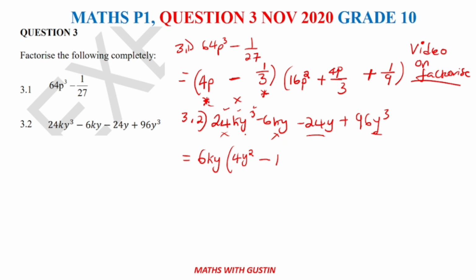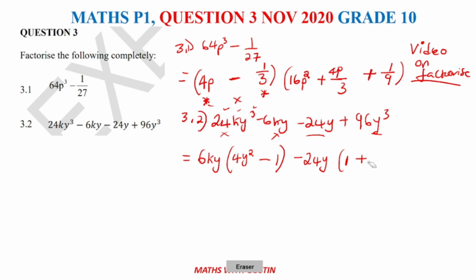I'm happy. Minus this times 1 is going to take us back here. 6ky multiplied by 1 is going to give us negative 6ky. Close bracket, then let me check what can I do here. I can take out 24y as a common factor.